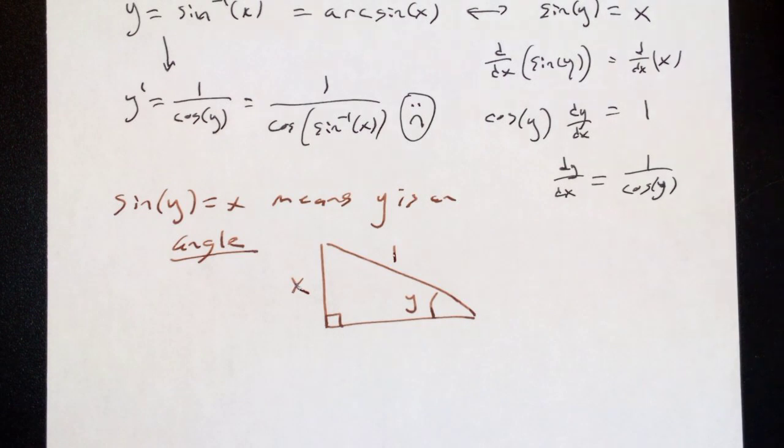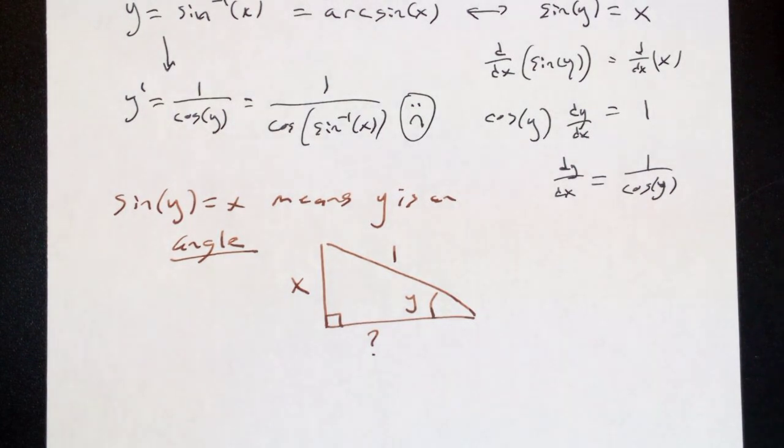Pythagoras time. What's this horizontal adjacent side of my triangle? Again, almost. It's the square root of that, right?